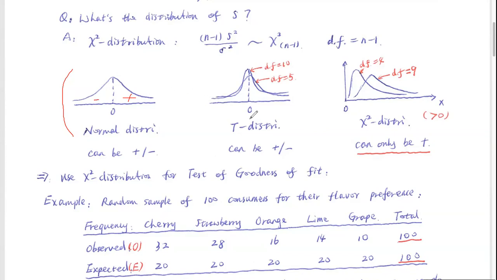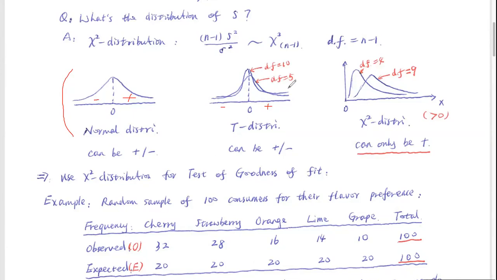And then the second one we have studied is the T distribution. It's also a bell-shaped curve. You can get positive, you can get negative. And here we introduced the concept of DF, degrees of freedom.